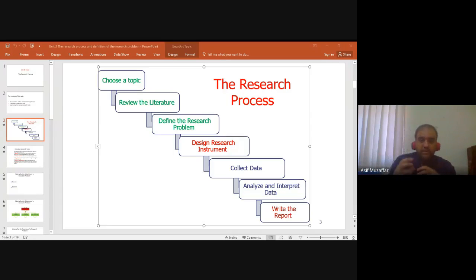So either you will be making a theoretical contribution, or you will be making a contextual contribution. Both are also possible, but you must come up with a problem which is doing either one of them.